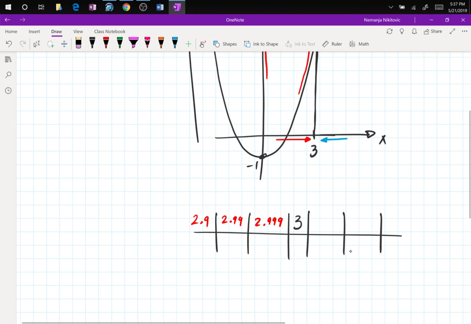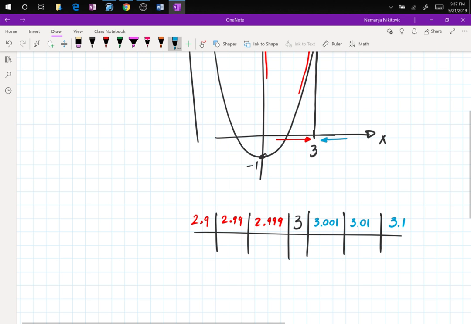So each one of these numbers is closer to 3. On the Romeo side, we have 3.1, 3.01, 3.001, as Romeo is getting ever closer to 3.